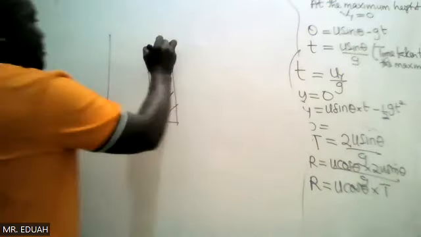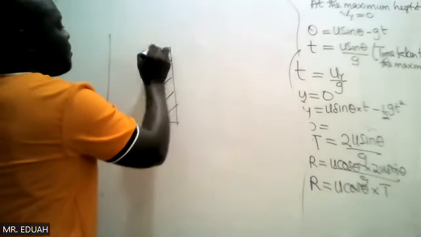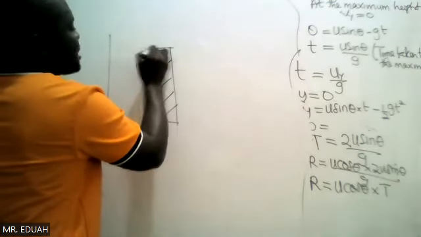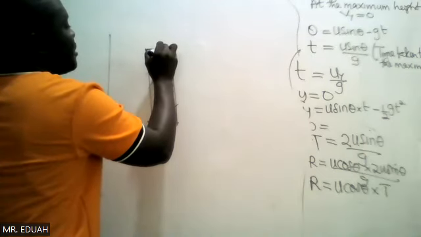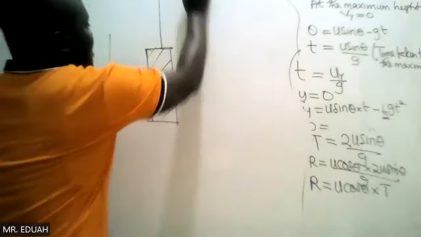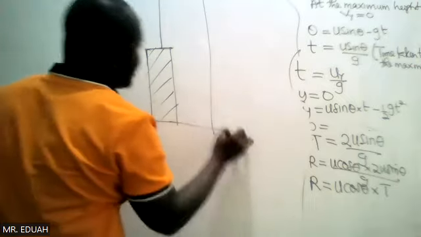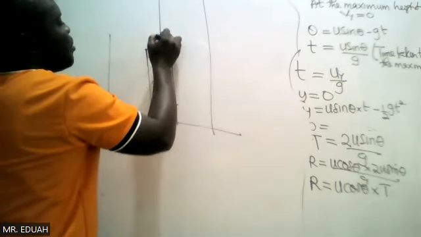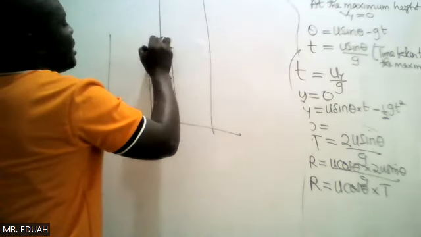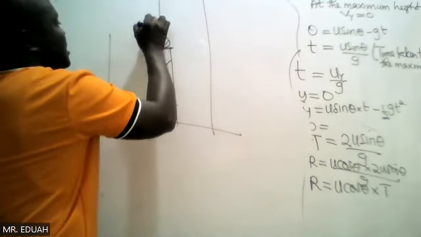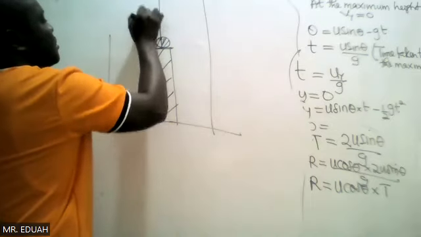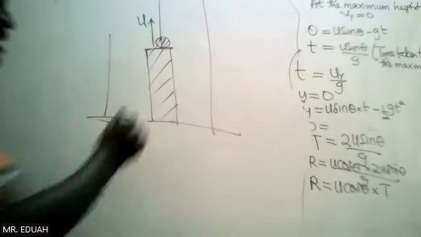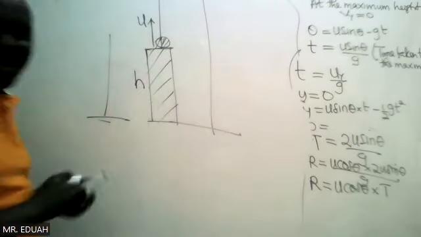So this time the body is projected from the top of something, gets to the maximum height and then drops to the ground, with an initial velocity of projection u. Then this is the height of the tower.